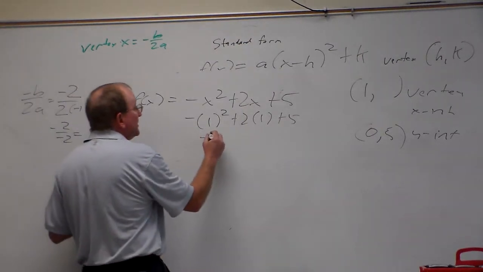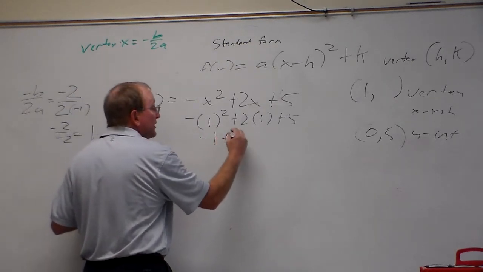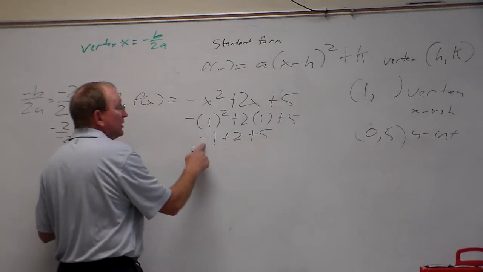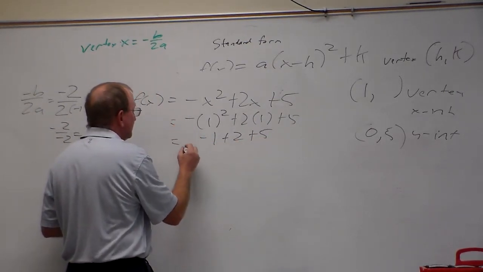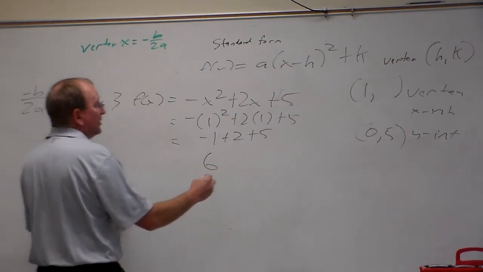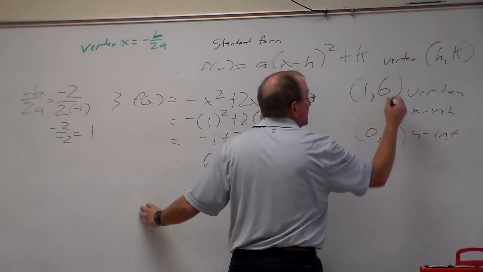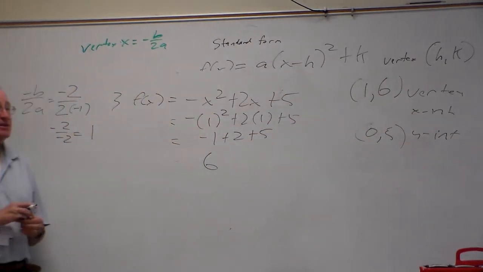This will be negative 1, because 1 squared is 1, make it negative, plus 2 plus 5. Well, negative 1 plus 2 is 1, plus 5 makes this equal to what? 6. So the vertex is at 1, 6.